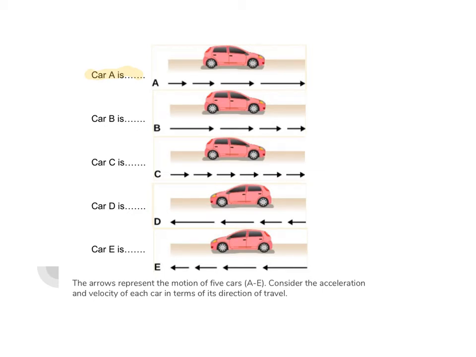Okay, so if we look at our arrows for car A, our first arrow is that big, our second arrow is a little bit bigger, our third arrow is even bigger, and our last arrow is the biggest. So these arrows, the motion, it's in the same direction as the car.